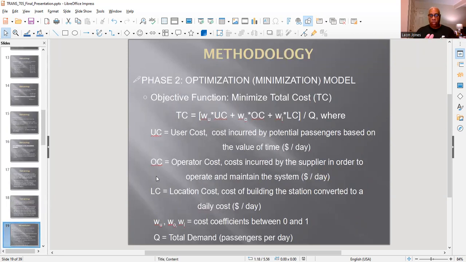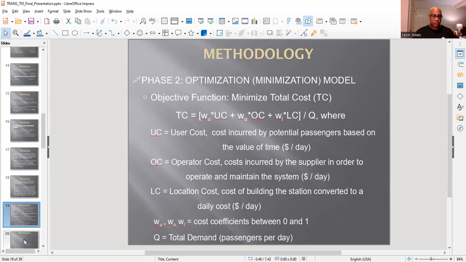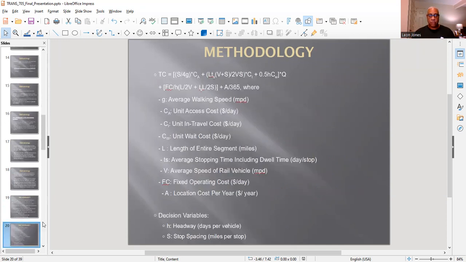Now, again, here's all the information, how I came up with all of my factors, and I'm dealing with optimization. And these are the variables. I'm in the math. So I'm going to use all these variables to figure out cost of ridership per day, local cost per year.